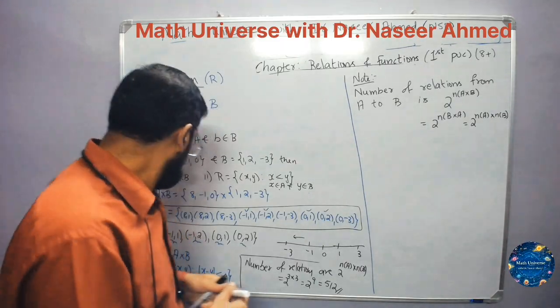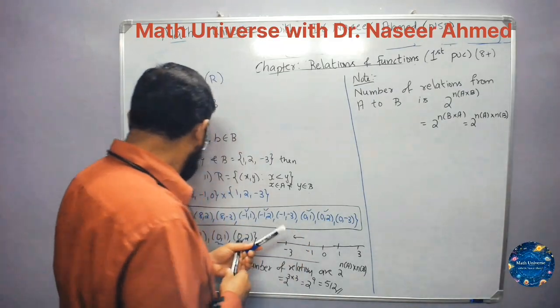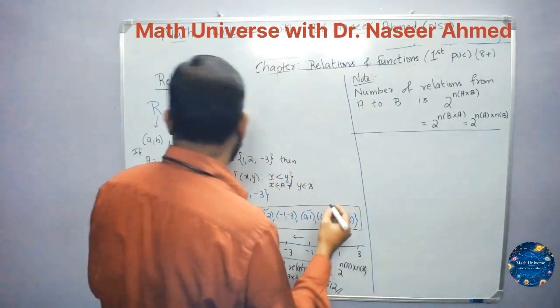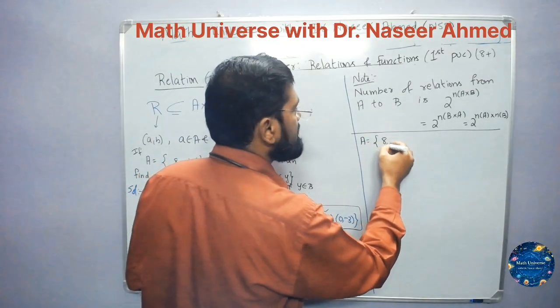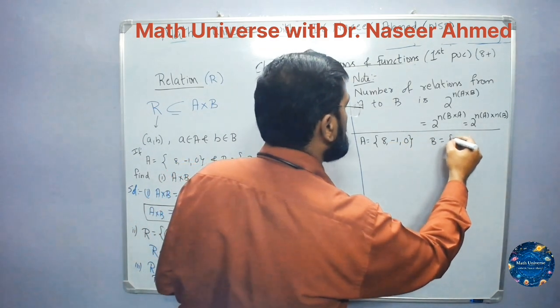Now let us write this one again here. R is equal to, let us write all the things, set A, so that we will have better clarity. I want you to understand this properly, because after this I am going to define functions also.